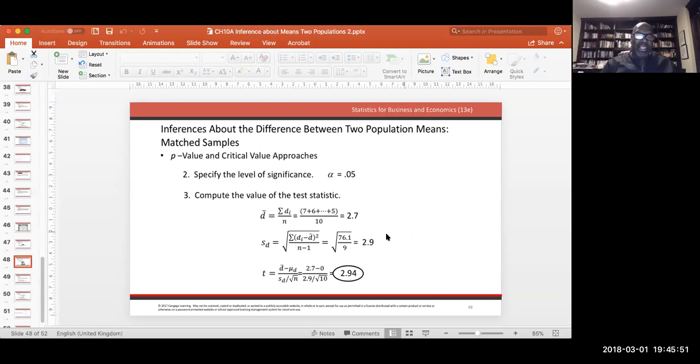Well, that's exactly the same thing. Instead of x bar minus mu, we're saying d bar minus mu d to denote the average of the differences. The subscript d is referring to difference, and s d is the standard deviation of those differences.